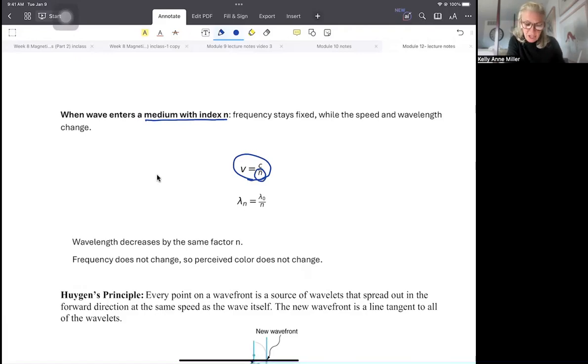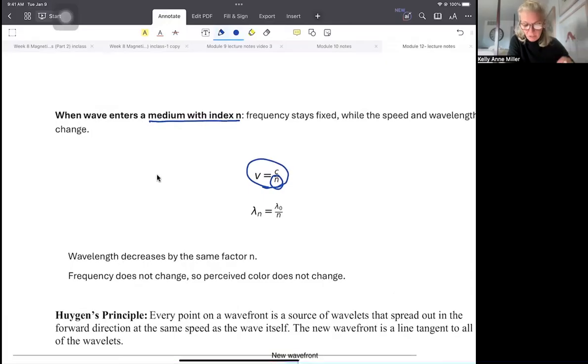Say light is going through air and then it hits water. That wave is going to slow down from 3 times 10 to the power of 8 meters per second to some slower speed. How do I know what the speed is? I just divide by the index of refraction of water, and that gives me the new speed, v.